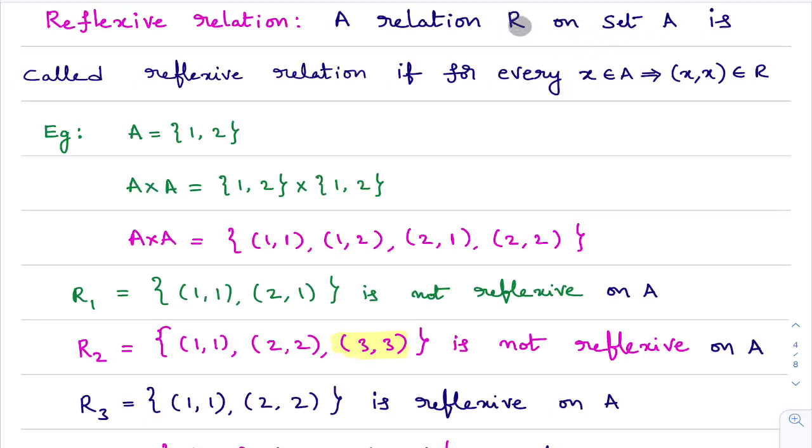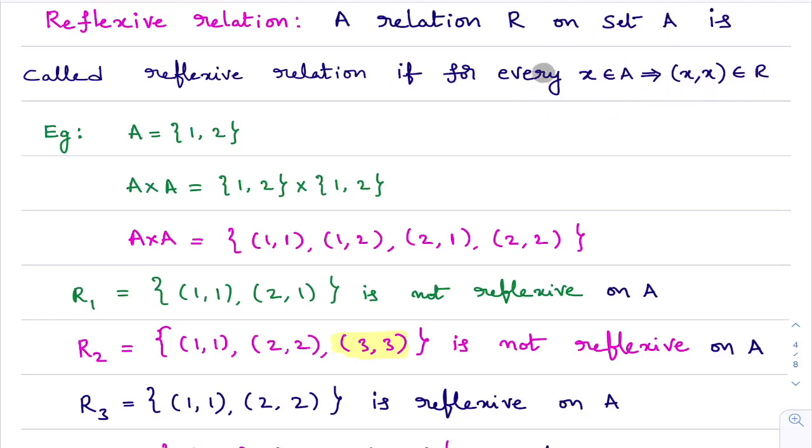That relation R is called a reflexive relation if for every element in set A, suppose I take X in set A, then X comma X must be present in the relation.